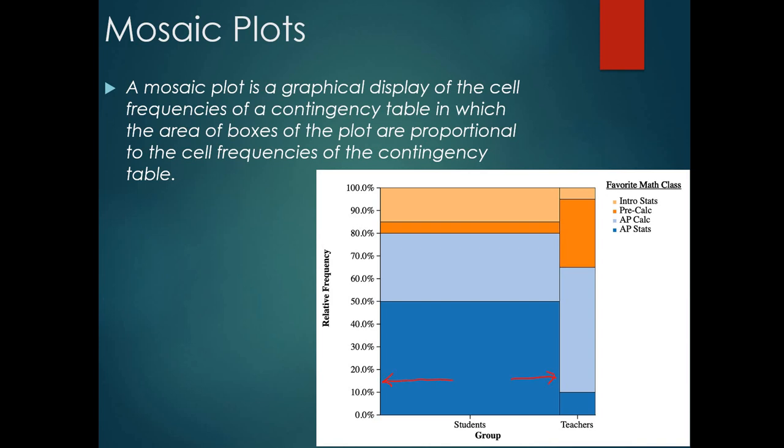helps you see proportionally one group to the other. So let's say the students were 5 times as wide as the teacher's graph. So we could say, I'm just going to make this up, let's say there were 500 students surveyed, then probably 100 teachers were surveyed.